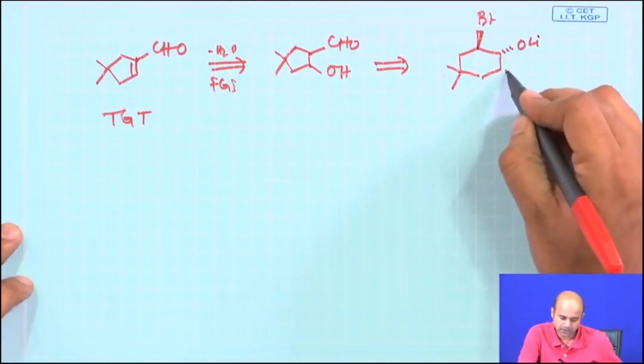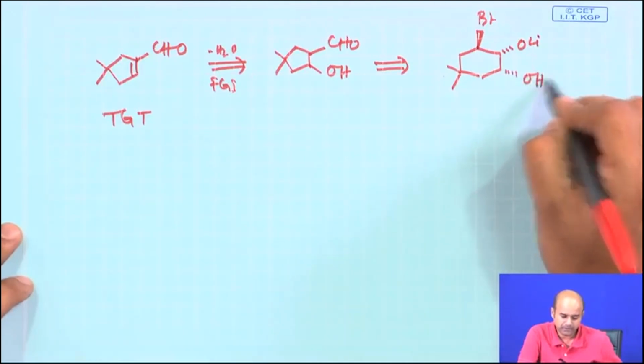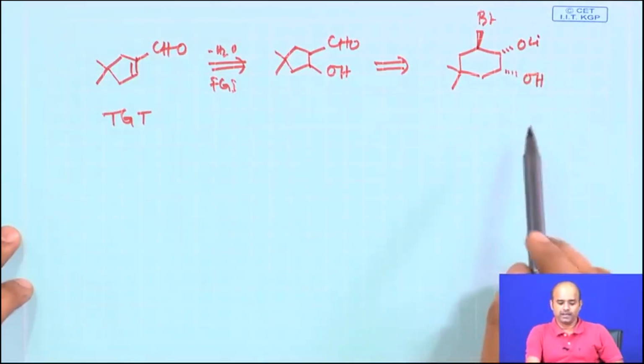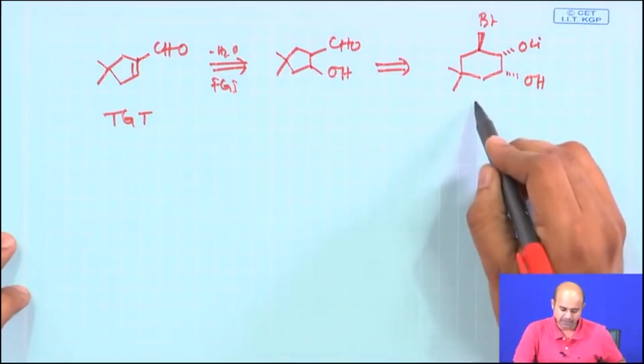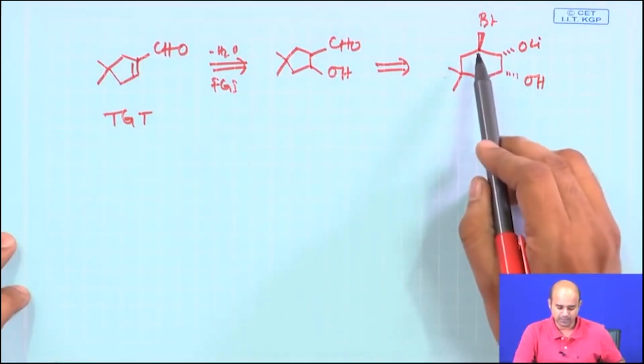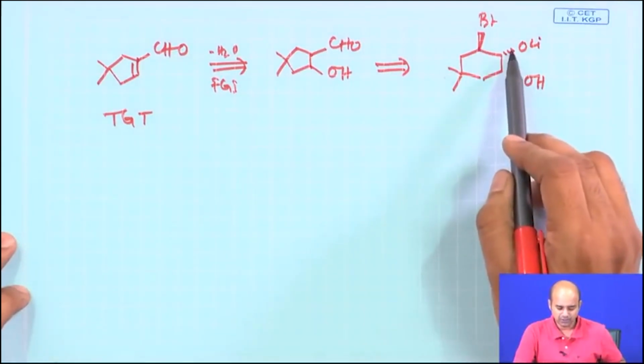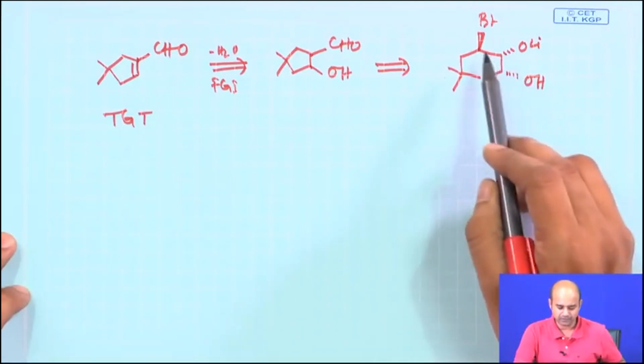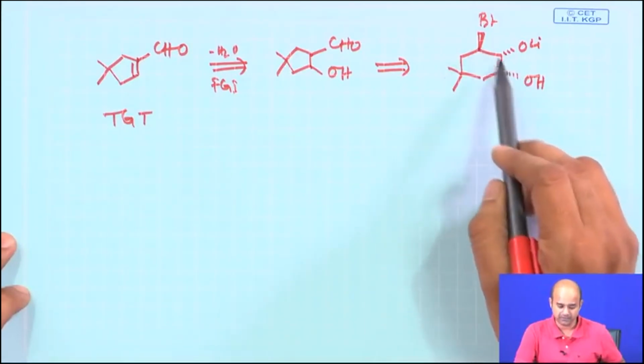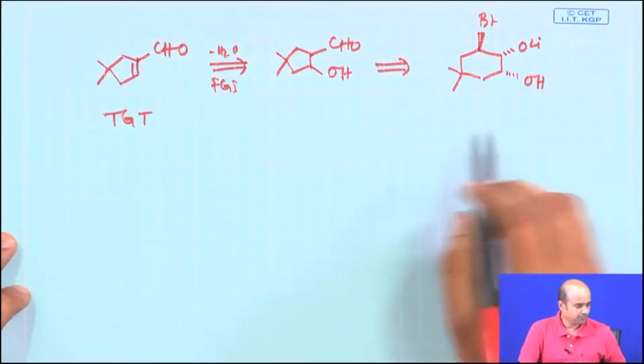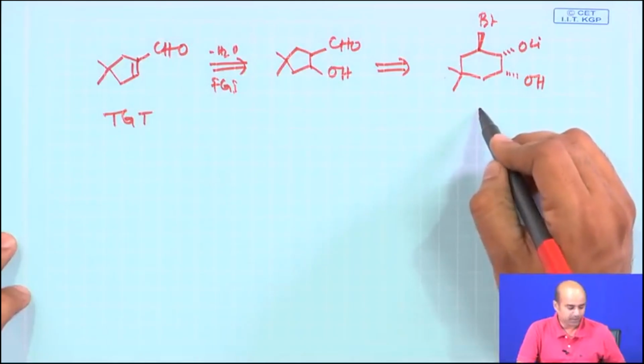The transformation will basically give you a starting precursor, which is a bromo compound with 2 adjacent dihydroxy groups. The stereochemistry was basically given in this way. Now, once you do the forward pathway, probably things will be quite clear.